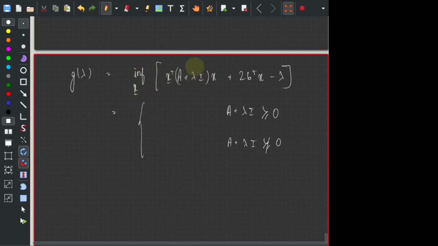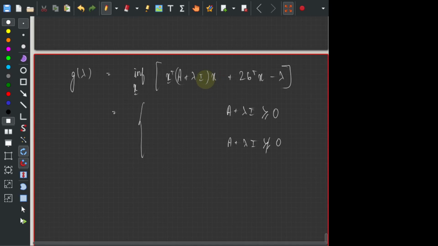If A plus lambda I is not positive semi-definite, then what can you say about this? Correct. There's at least one choice of x for which x transpose (A plus lambda I) x is strictly less than 0.